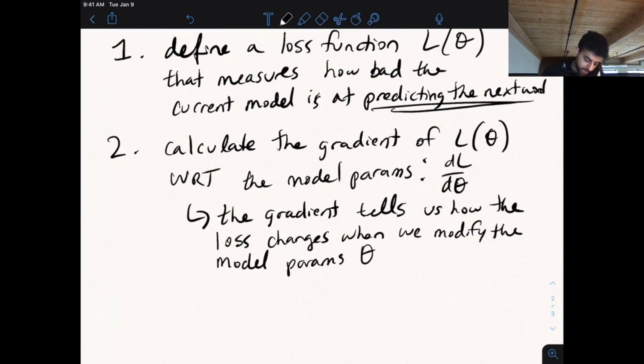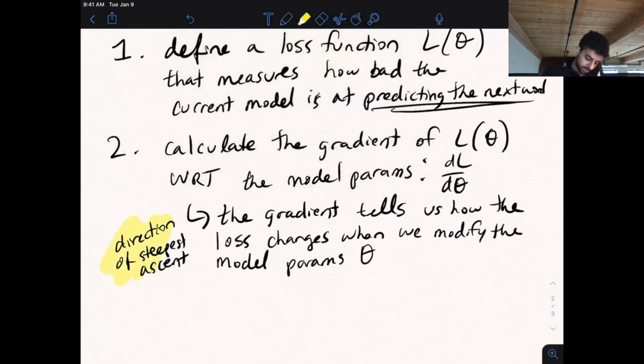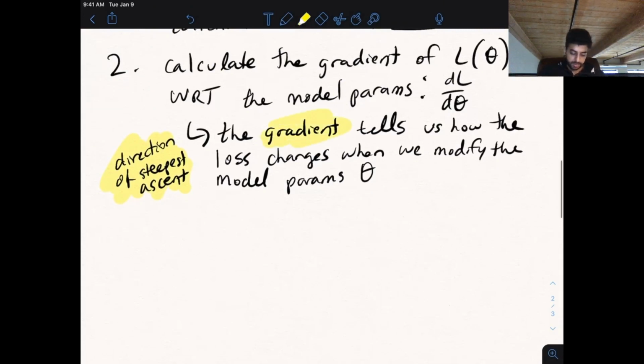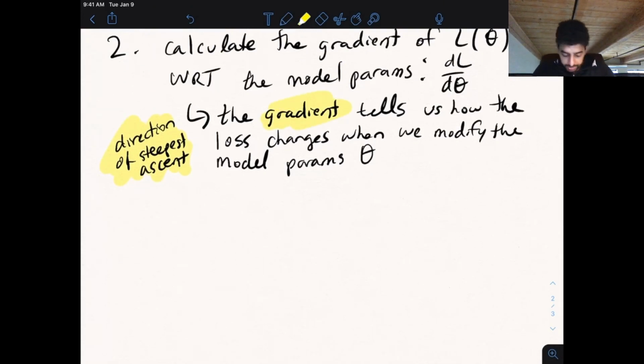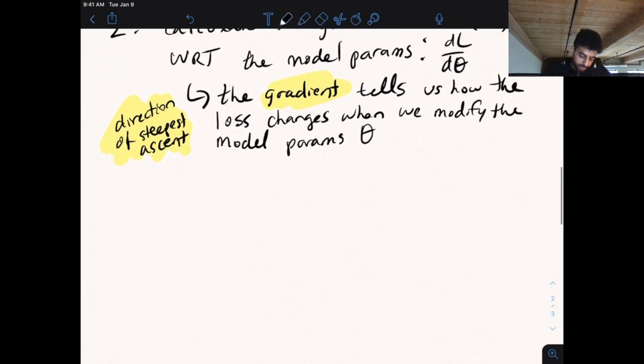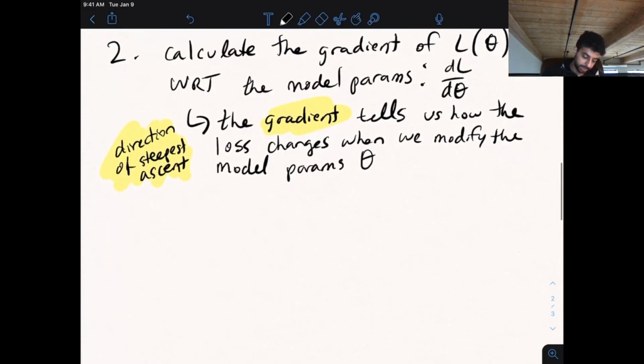And importantly, it gives us the direction of steepest ascent. This is important, so we will highlight it. Okay, so I'll give you an intuitive example of this in a bit with a very simple function. But before I do that, we've defined our loss function, we've computed this gradient.